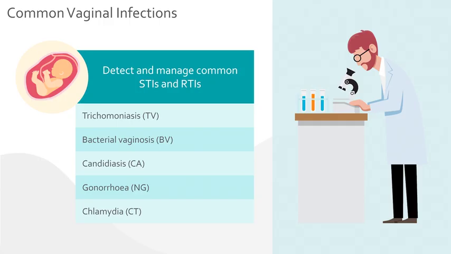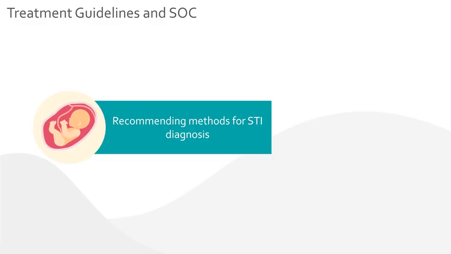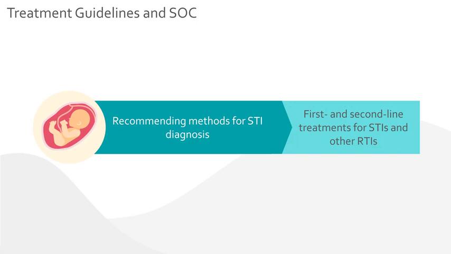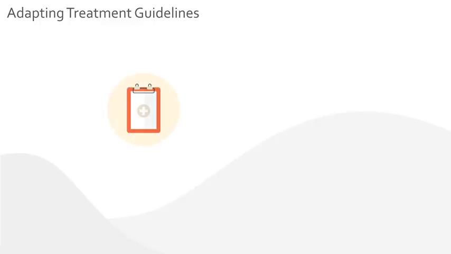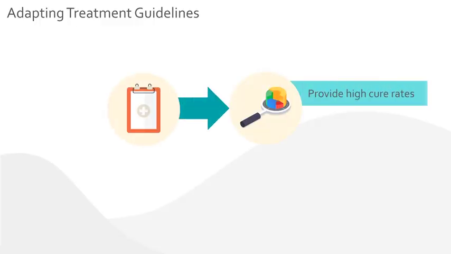In addition to recommending methods for STI diagnosis, the SOC should clearly indicate first and second-line treatments for STIs and other RTIs. National treatment guidelines from the Ministry of Health are usually the reference for all healthcare facilities. Treatment guidelines should be optimized to provide high cure rates and prevent the development of antimicrobial resistance.